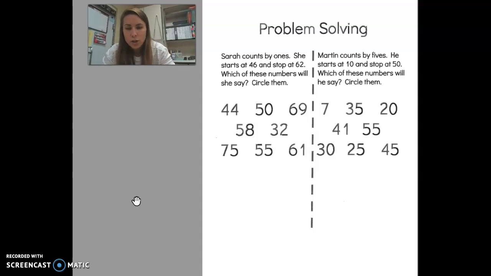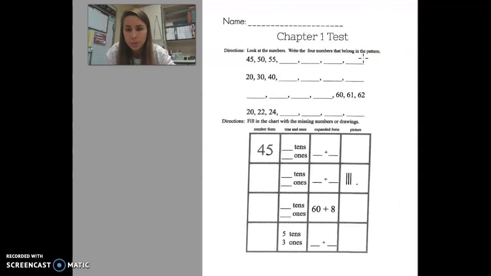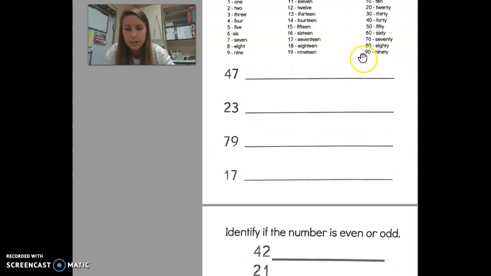As you've come back, you should be at the end of your test. Now, the most important part about testing is to look over your work, right? I'm not going to just finish the last problem and turn it in. I'm going to go back to the top and check it. Make sure I skip counted by the correct number. Make sure I filled in this entire table.